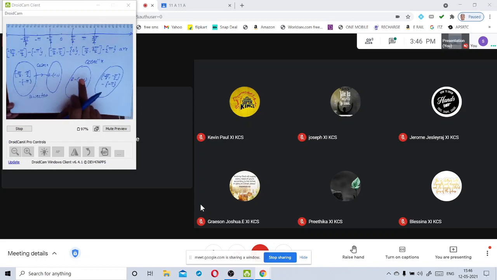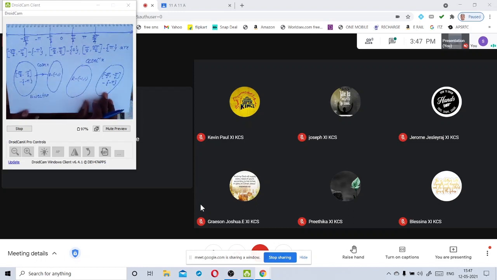Since it is bijective, in this case, we can find its inverse. Understood this point, my dear children? As we followed for the previous trigonometric functions, here also we follow the same rule. We are restricting the domain of the given trigonometric function so that it becomes a bijective function.